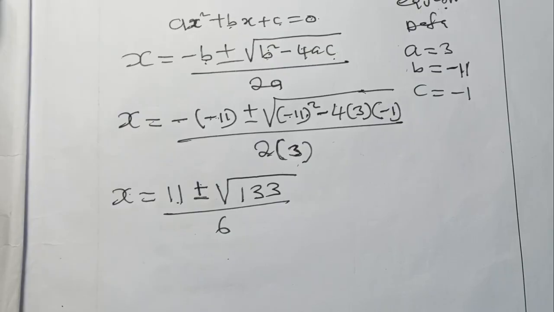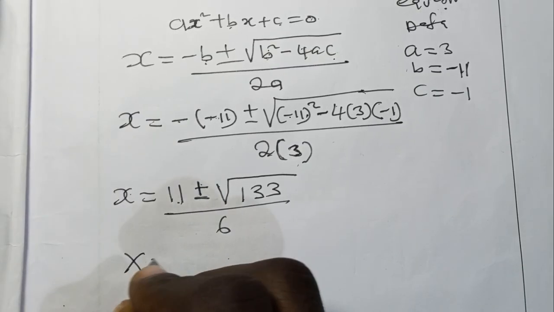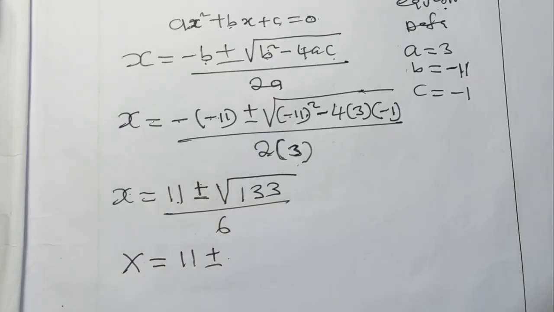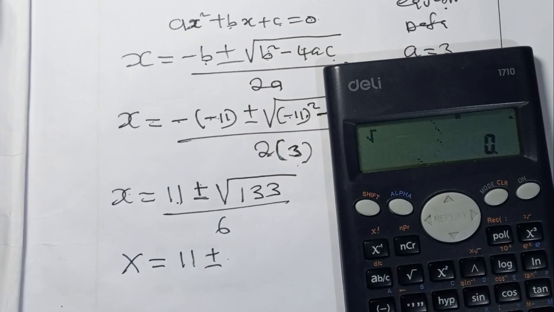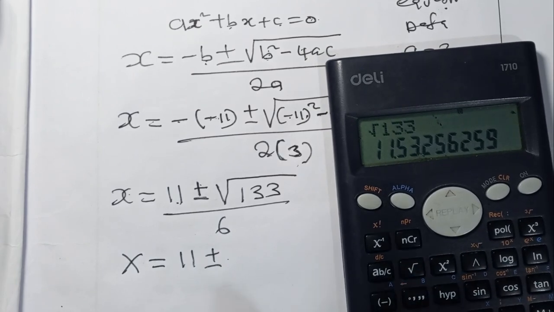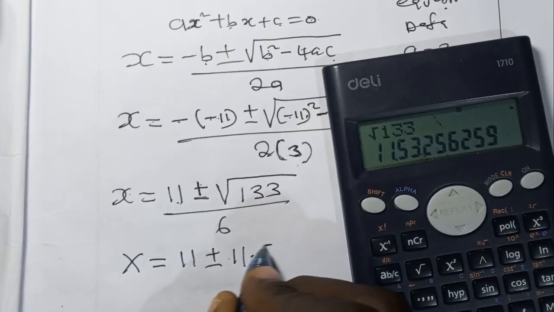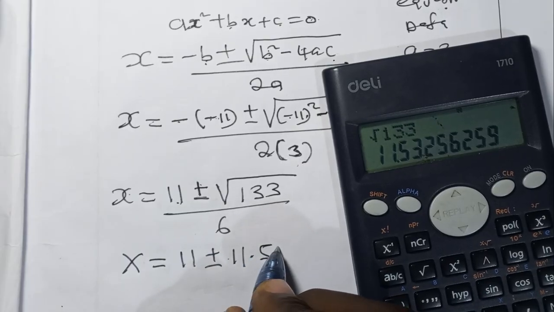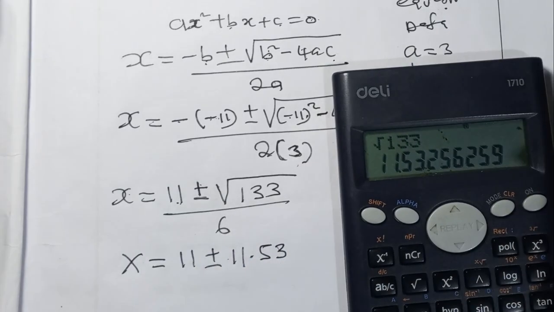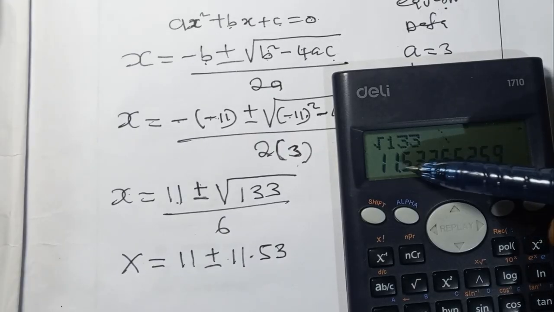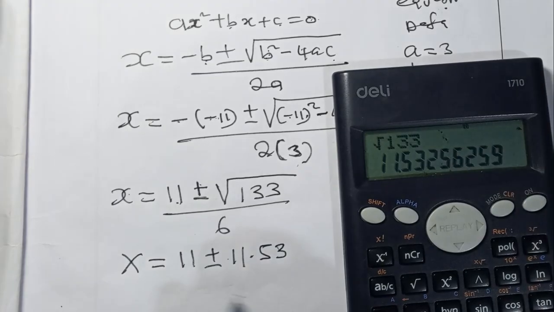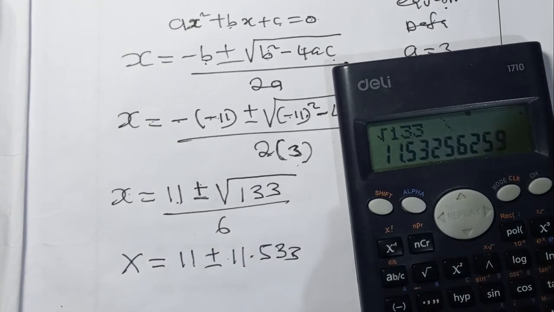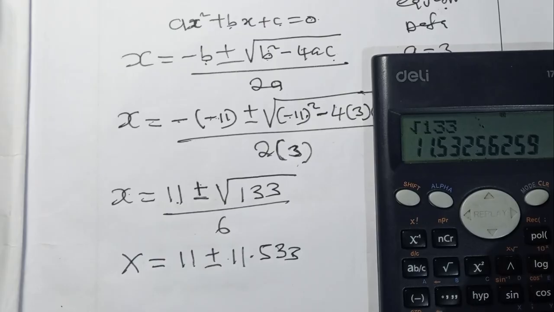Without wasting time, x is equal to 11 plus or minus the square root of 133. The square root of 133 is something like 11.532, but the next number is 5, so I'll put 11.533.